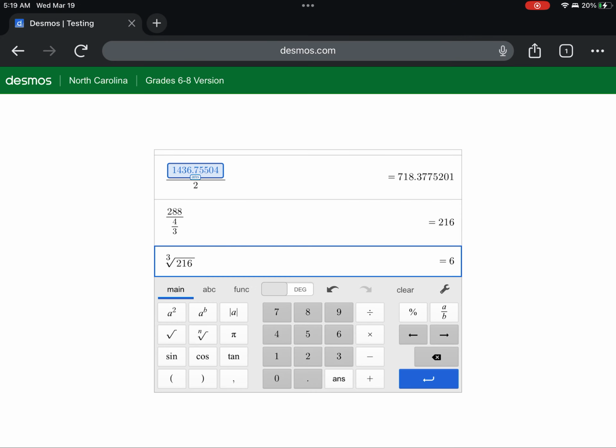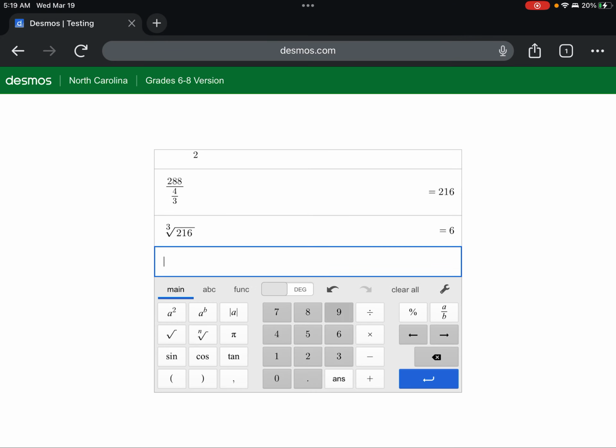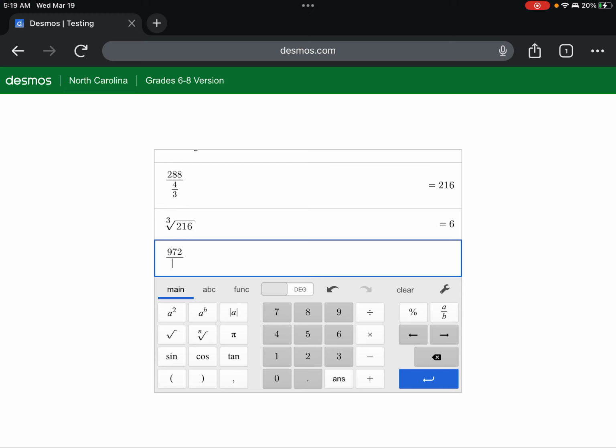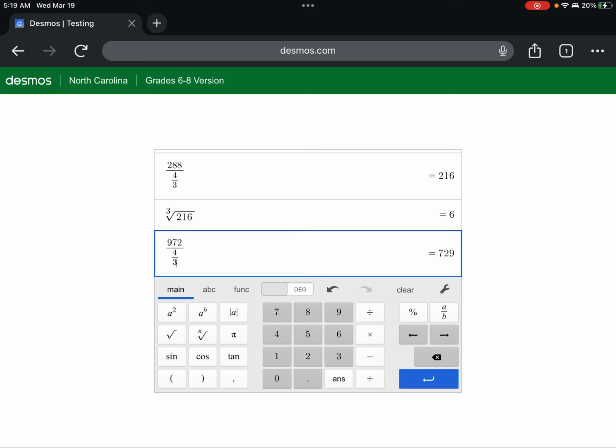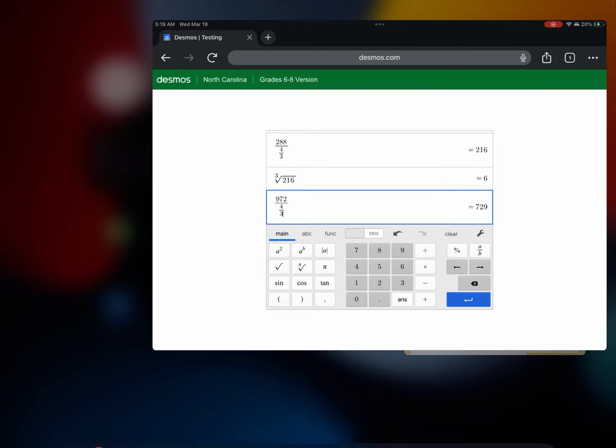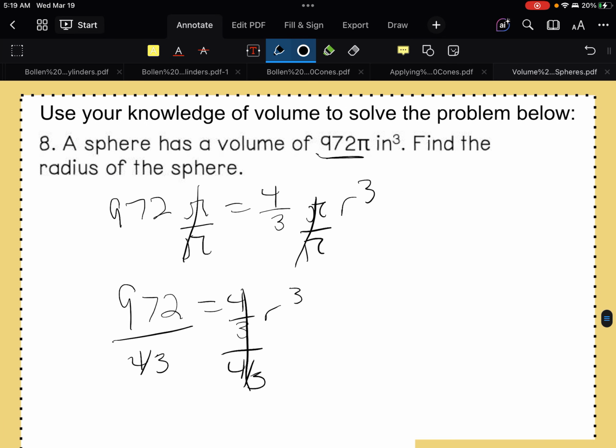So we come over to our calculator. It is 972 divided by 4/3. We get 729. So we have 729 equals r cubed. We have to find the cube root of 729 equals r.